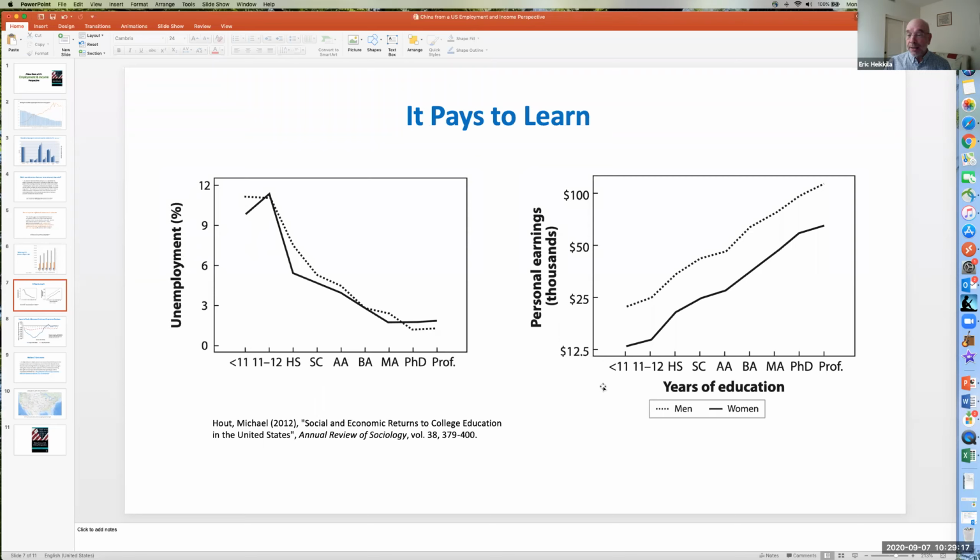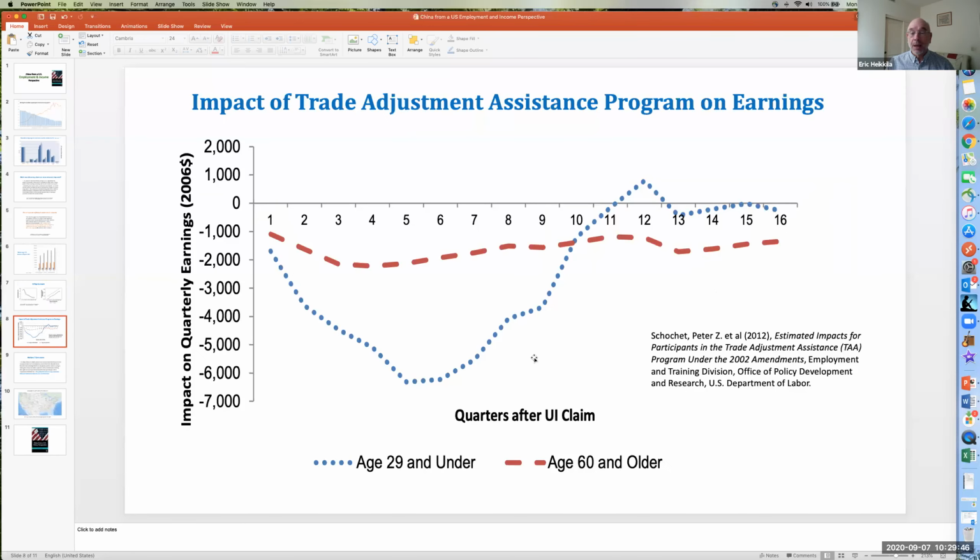And likewise, the higher the level of education, the higher the level of earnings, although one notices that there's a distinct differential between the earnings of men and of women with the same level of educational attainment. Another aspect of inequality that has not been sufficiently addressed.